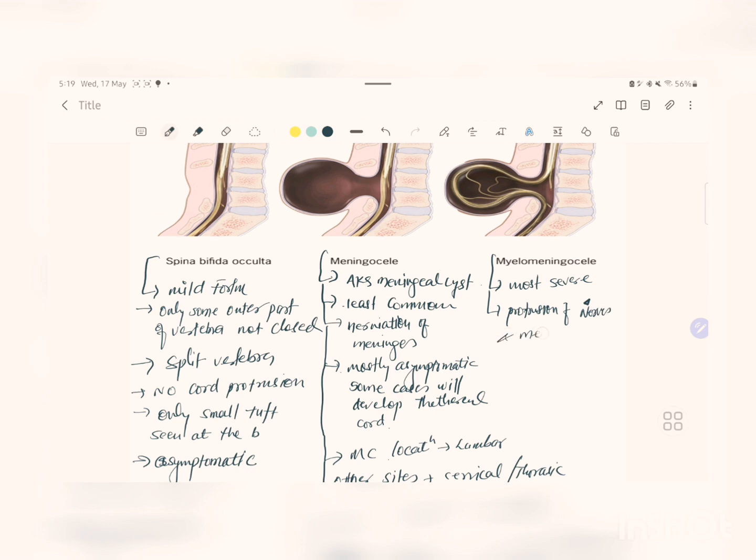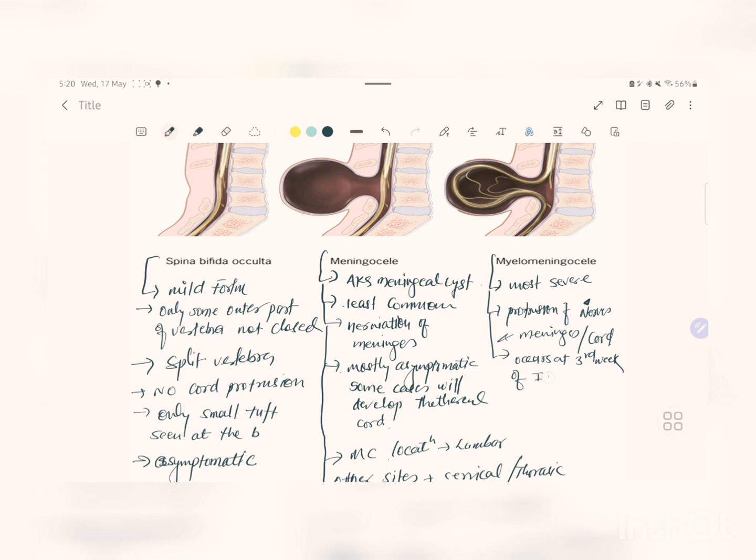Also, in some cases, the meninges along with the cord get herniated into the sac. This sac may rupture and your nerves and spinal cord may get exposed, or due to continuous CSF leak, the patient may develop herniation syndrome, or the CSF gets infected and the patient develops meningitis.